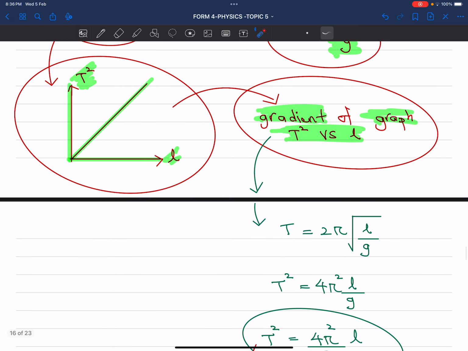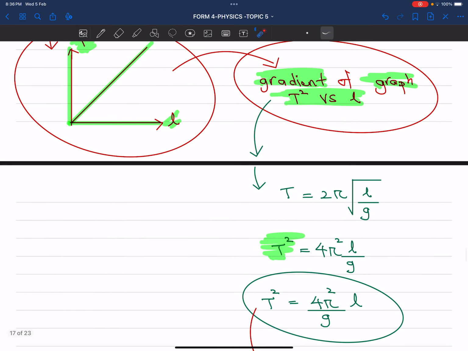Now we take the formula of period, T equals 2 pi square root L over g. I square both sides, so it will become T squared. 2 pi squared will become 4 pi squared. And of course, the square root and square cancel, we will get L over g.